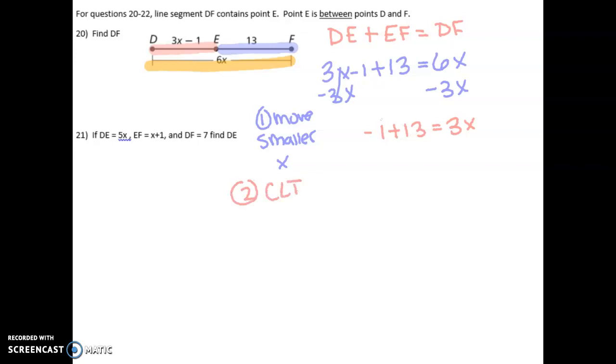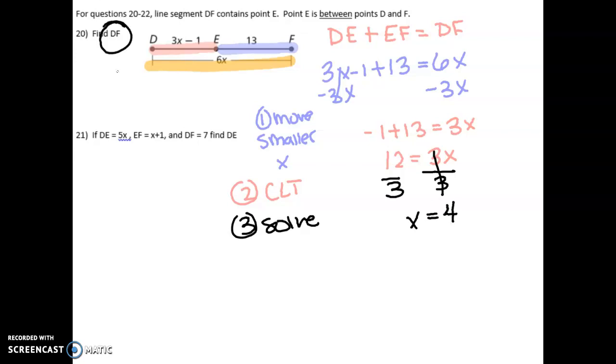Everything that looks alike is going to get combined. So -1 plus 13, that's 13 minus 1, which is 12, equal to 3x. And then my last step is to solve for x. If I'm multiplying 3 times x here, I'm going to divide by 3 on both sides. 12 divided by 3 is going to give us a 4.